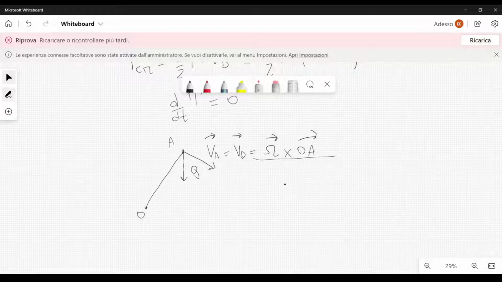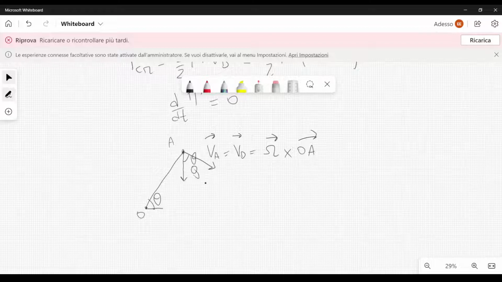It's a cross product with one of the vectors being OA, so it's perpendicular to OA. And this angle here, let's call it theta. And therefore, this angle here is also equal to theta, if you think about it.